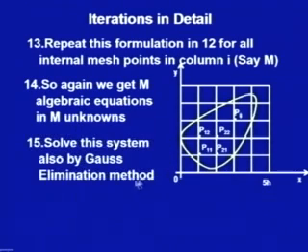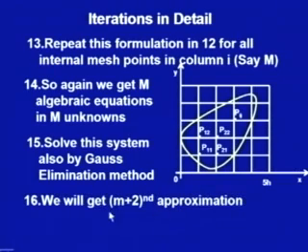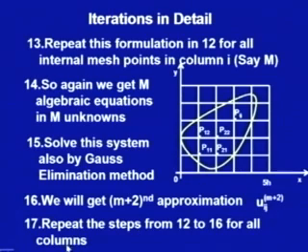So again, solve this system by the Gauss elimination method. I would get the m plus second approximation u i j at m plus 2 for all those internal points of the ith column. Now, repeat this process from step 12 to 16 for all columns, so that I get the approximation u i j at m plus 2 for all.